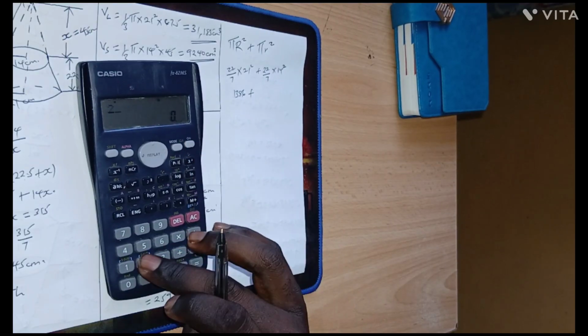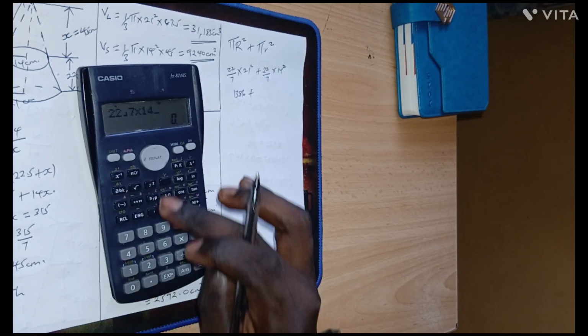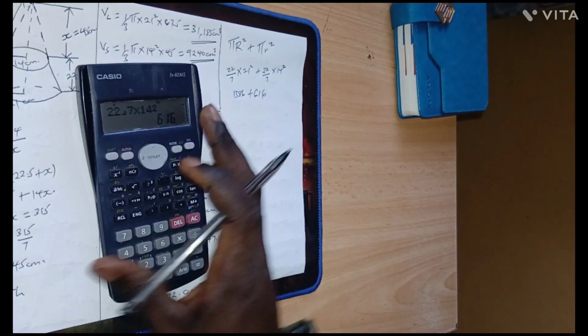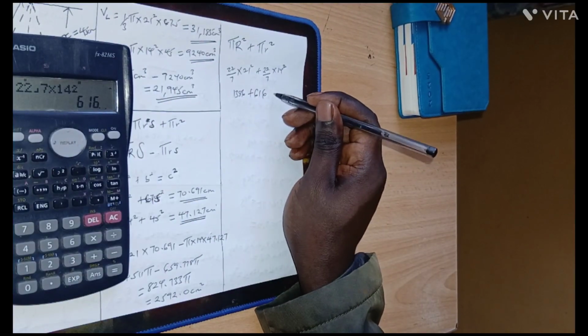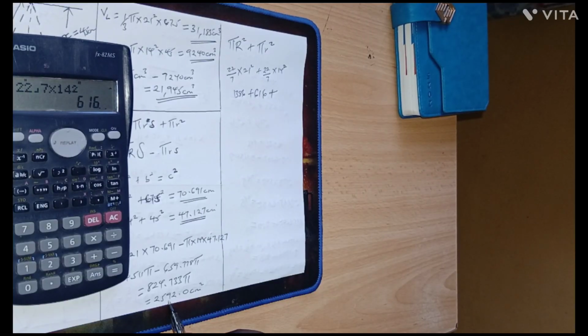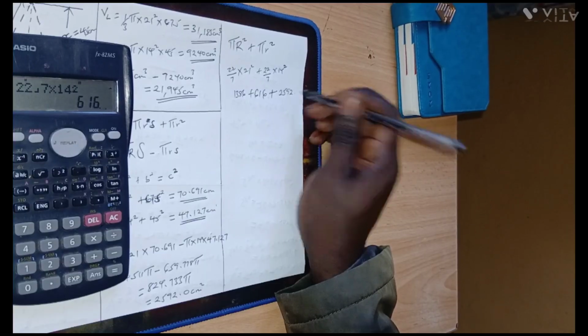22/7 multiplied by 14 squared gives us 616. So we're going to take this and add whatever we got here, 2592.